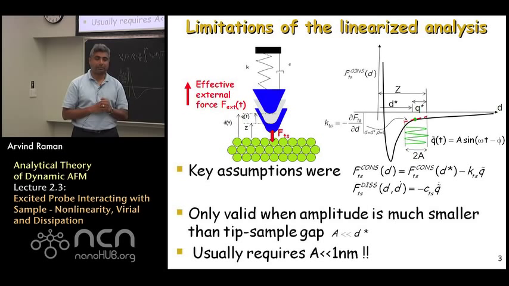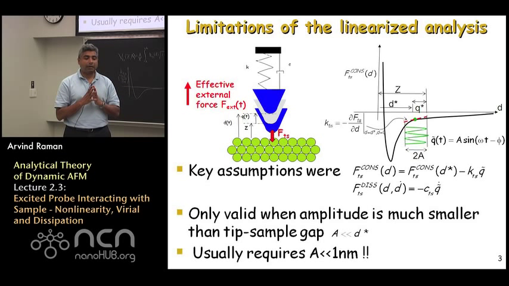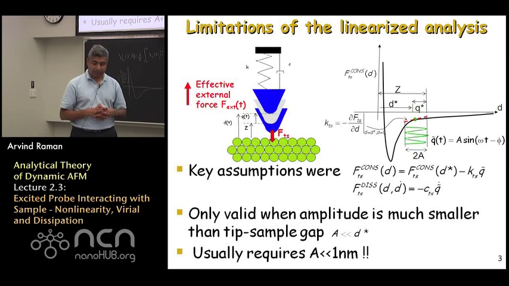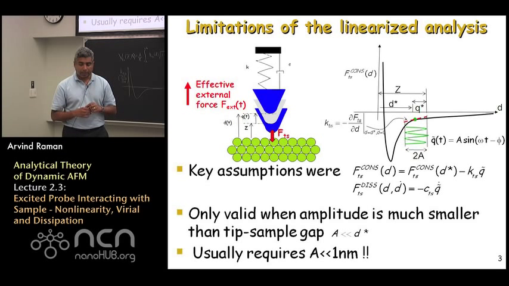So K_TS is simply the slope of the force versus distance graph with a negative sign, to ensure that a repulsive gradient gives a positive value for K_TS. In a similar manner, we assumed that the dissipation forces can be written as negative C_TS, a viscous dashpot, times Q tilde.